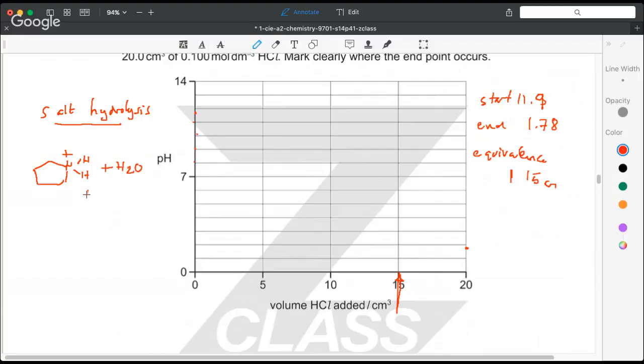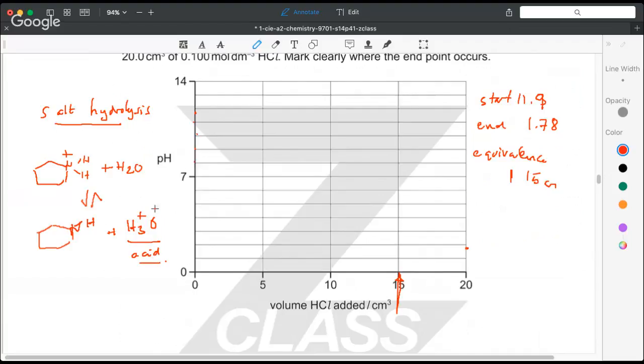And you can have an equilibrium formed where you've got the base and you've formed H3O plus, and you know that that's acid.